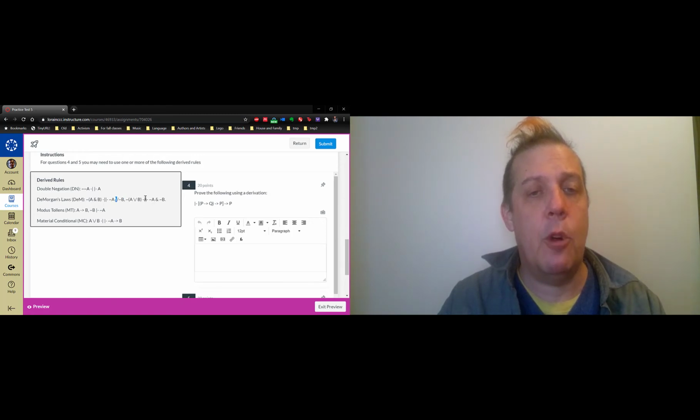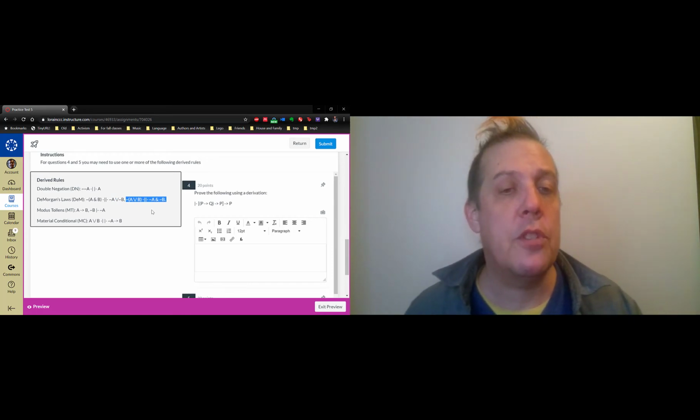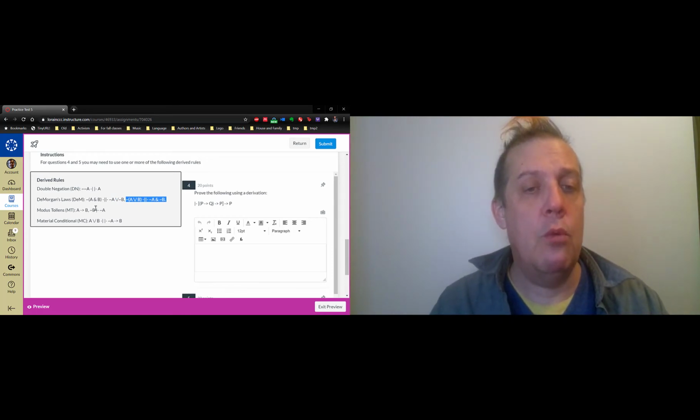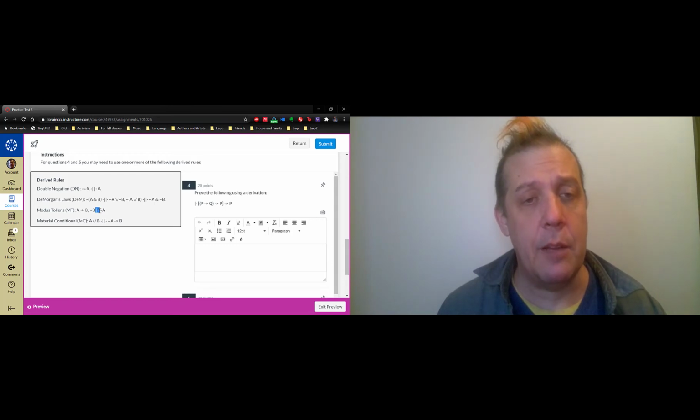And then the other form says that if you distribute a negation over an or, it becomes an and. And then we've got modus tollens. That's our one rule that only goes one direction. It's like conditional elimination, only backwards, because it's got the not B.